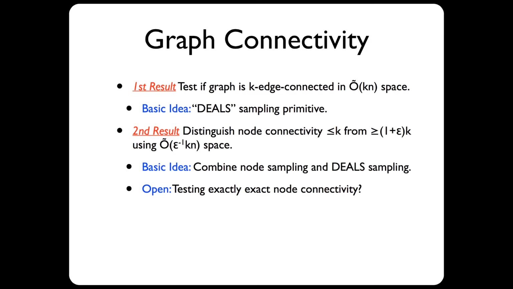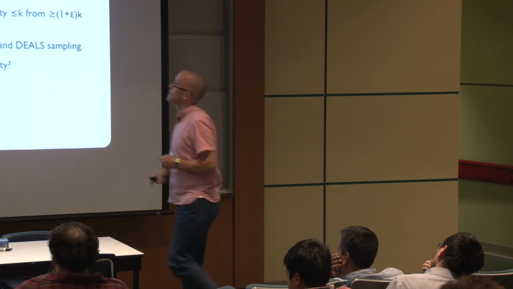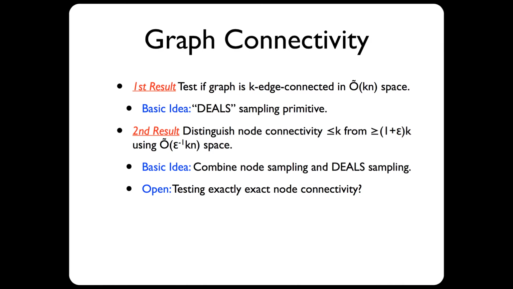Now, in this PODS paper, so this is actually an older result, we extended this to node connectivity. So is it the case that between any pair of nodes, there are K node disjoint paths? Our result here is that you can distinguish between graphs where the node connectivity is less or equal to K from graphs where the node connectivity is greater or equal to 1 plus epsilon K. And the amount of space that this requires is 1 over epsilon Kn space.